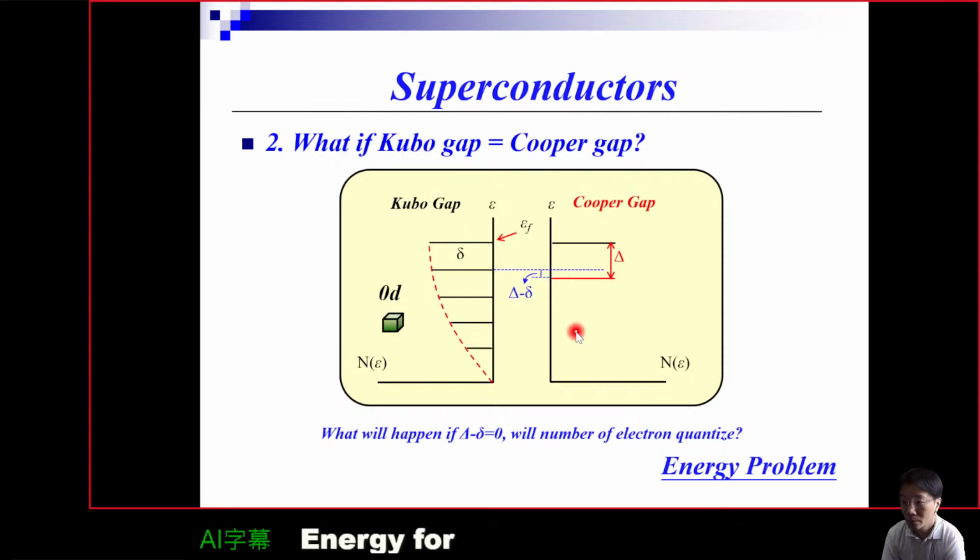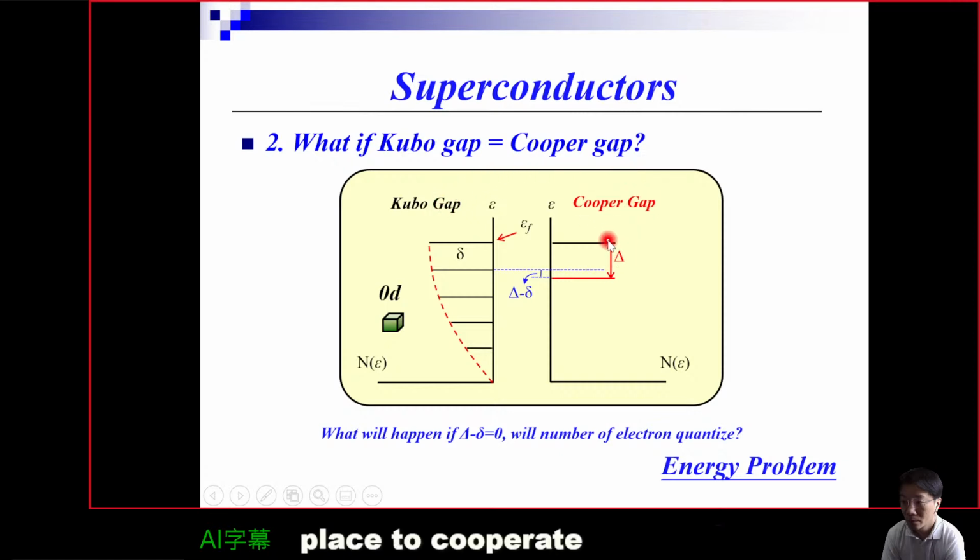So there is a problem when we reduce the size to become a nanoparticle. The Kubo gap will appear, and the Cooper gap still exists. Will the Kubo gap influence the Cooper gap?